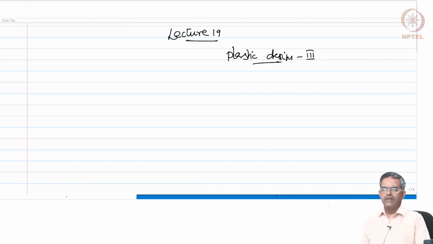In the last lecture we learned the comparison between the plastic design philosophy with elastic design and ultimate load design. We have learned that in plastic design the material strength, in terms of ductility or plastic deformation, is utilized, which is one of the basic requirements in a form dominant structural system.